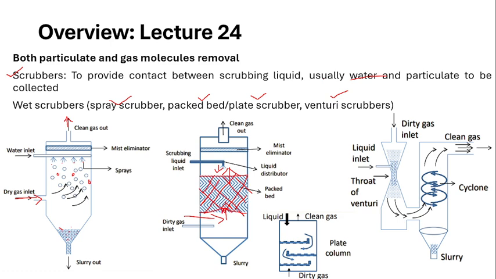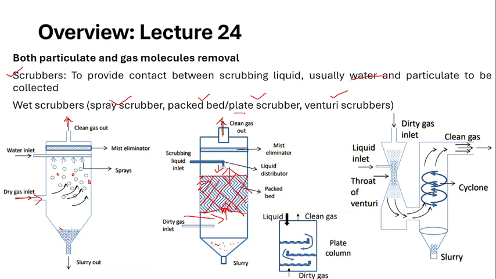Okay, so they are in direct contact with each other when this gas is moving through this packed bed. Based upon the size of the packing of the bed, the efficiency will also get increased. So again, the dust particles are collected here as slurry, and the slurry is collected from the bottom, and the clean gas will go out from the top.